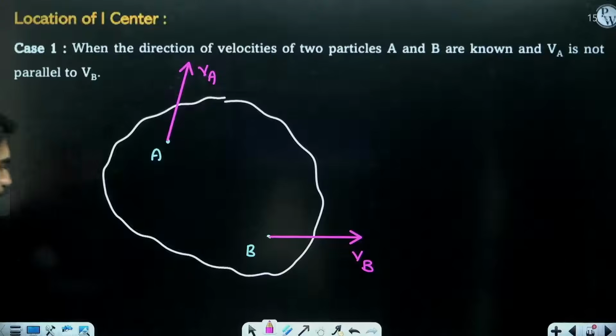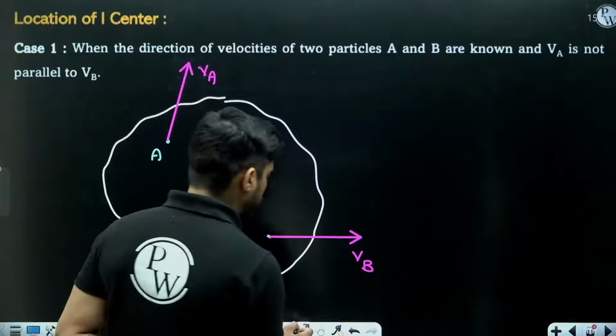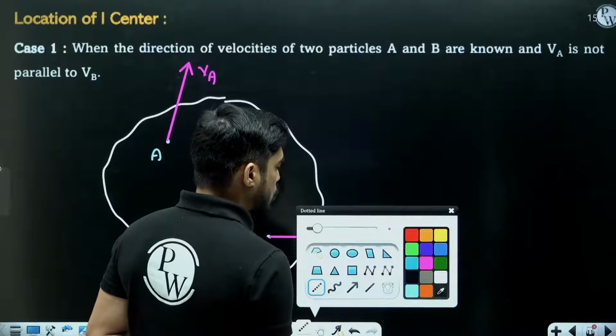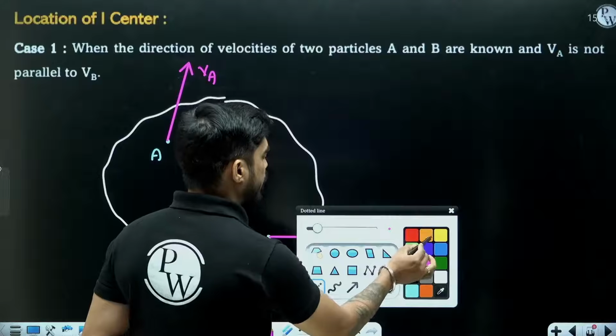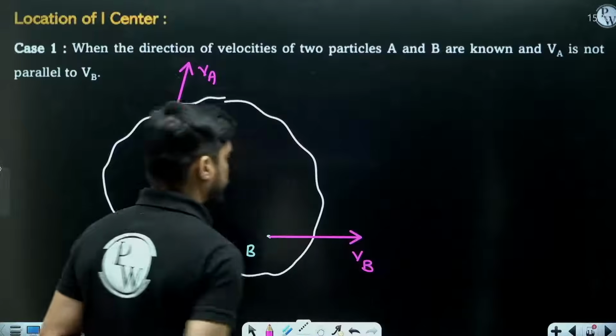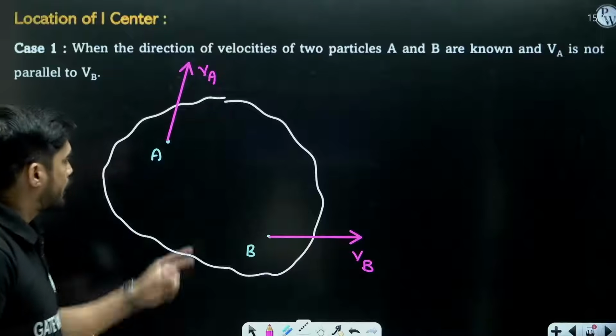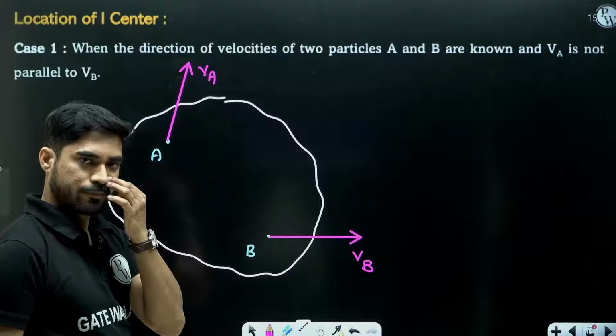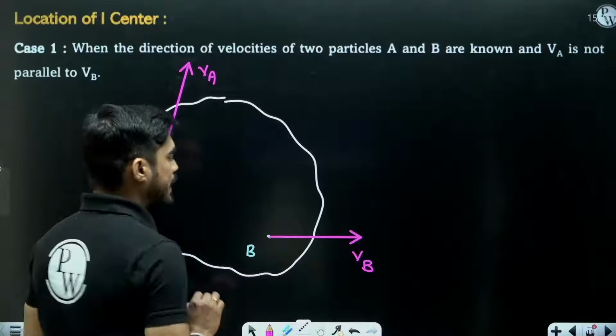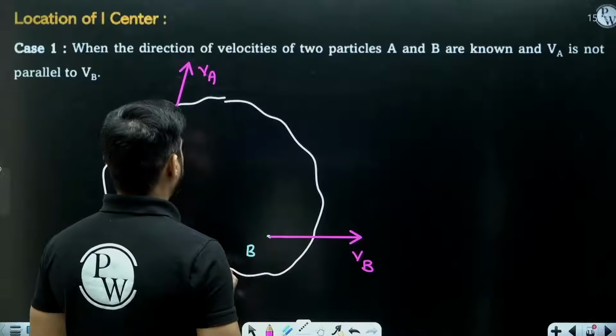Understand, we will have to draw 2 normal lines, perpendicular lines, from A and B. Perpendicular to what? Perpendicular to VA and VB. So first I will draw a perpendicular line to VB.